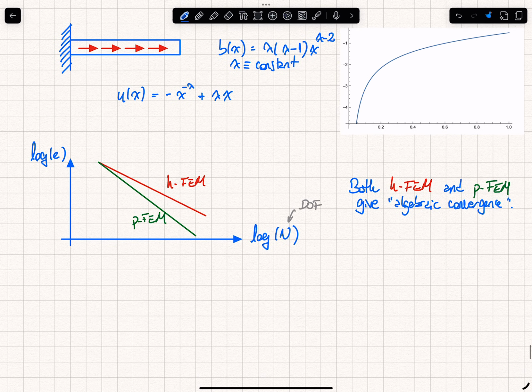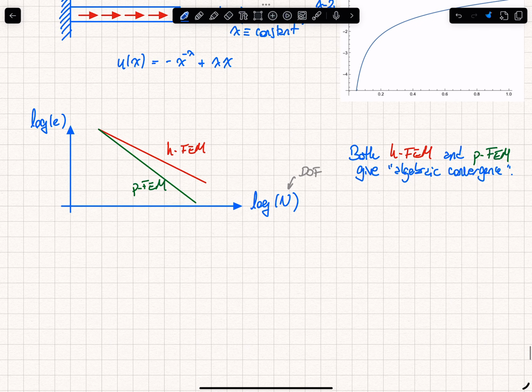Well, for this problem, there is actually a way to fix this issue.